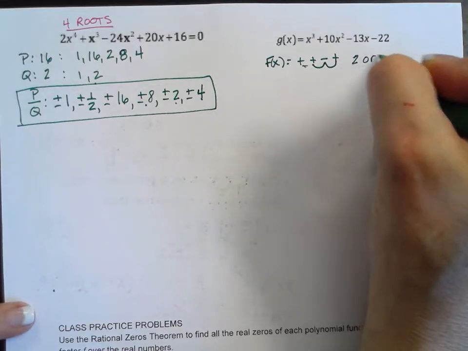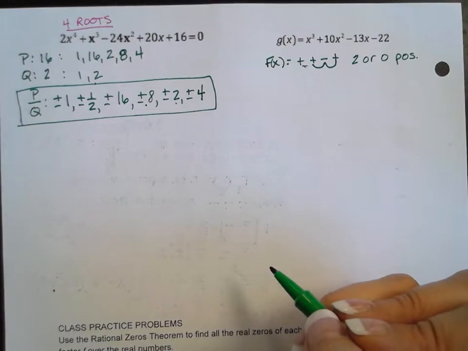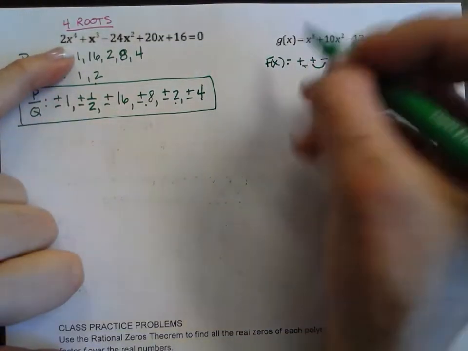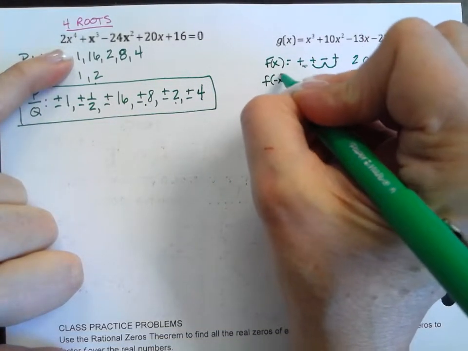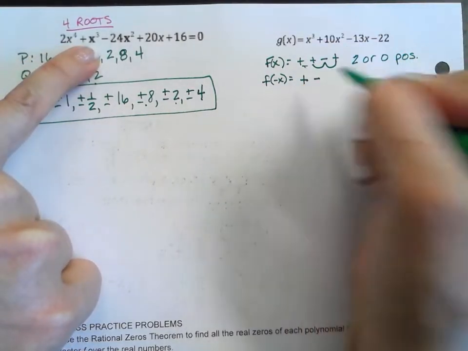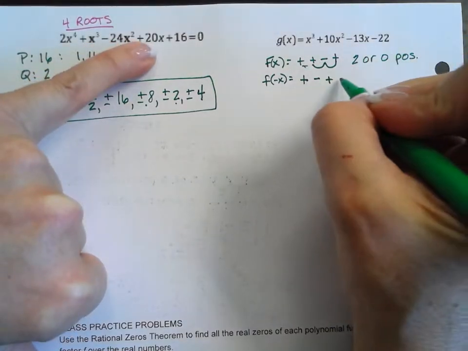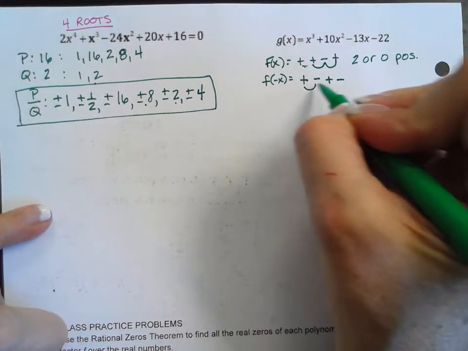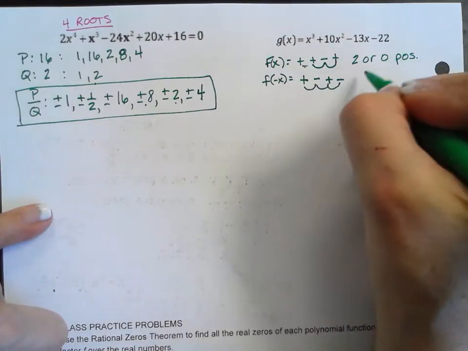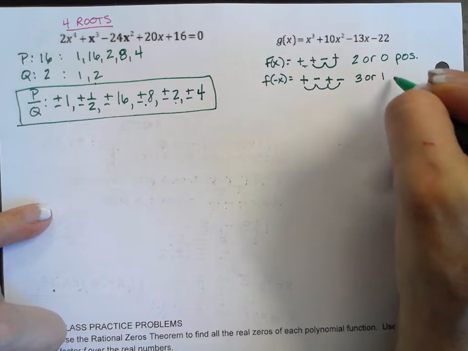So I'm going to have 2 or no positives. And then for my negatives, that's going to be positive, negative, positive, and negative. So I got 1, 2, 3 changes. So I'm going to have 3 or 1 negatives.